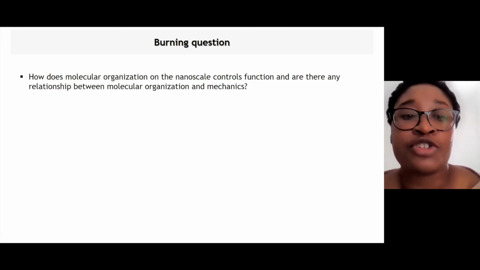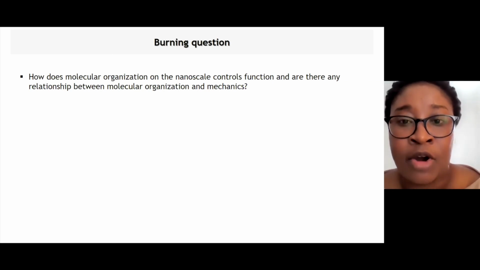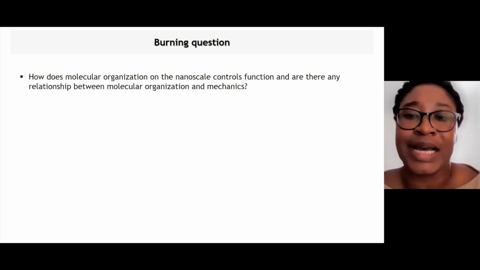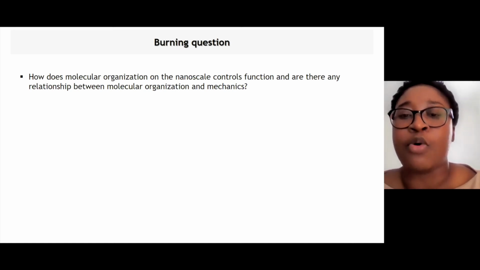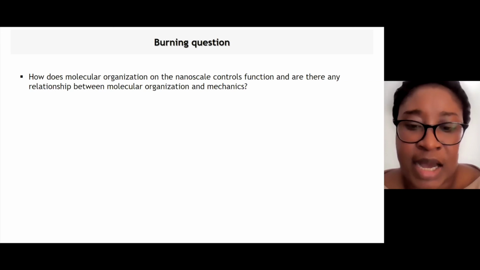At the same time, we're also trying to see if there is any relationship between molecular organization and the mechanics of the cell, which is actually the main part of the work from Marco's point of view, trying to see whether when we have an ordered and oriented structure, that influences the mechanical properties as well.